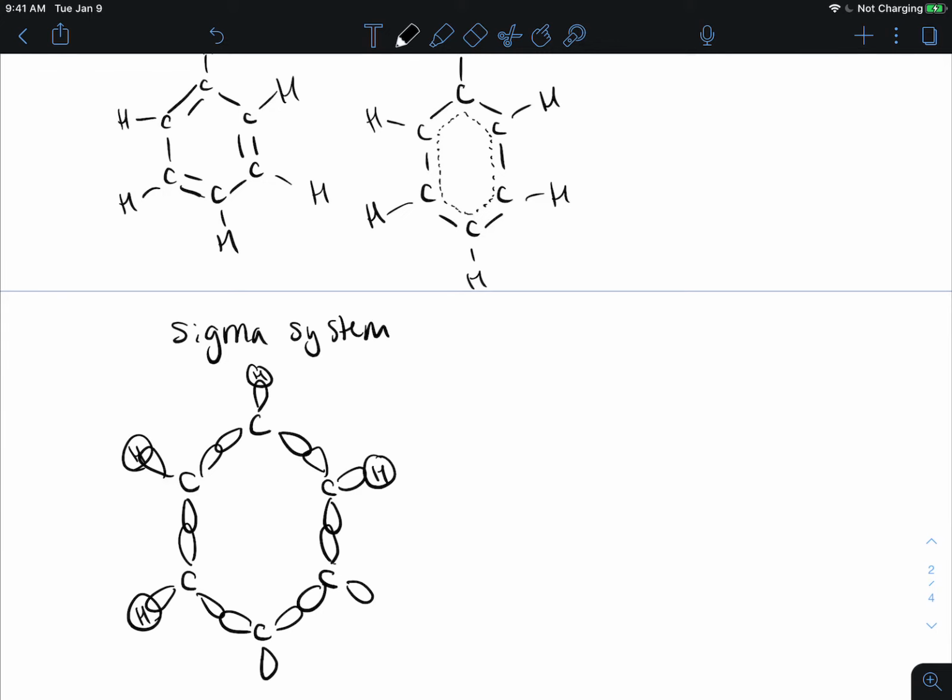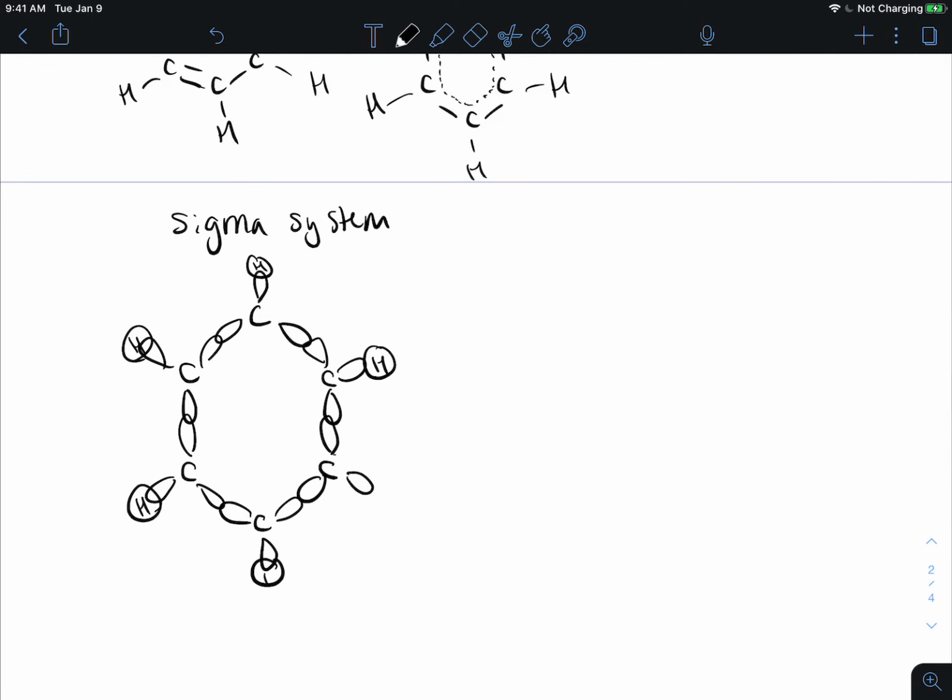An artist I am not. So we have all of that direct overlap, which forms our actual structure, and then reinforcing our structure are those p orbitals. And the p orbitals in this case, I'm just going to draw this, are all going to be parallel with each other, which allows us to have that resonance, right?